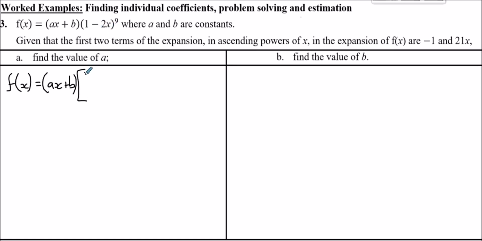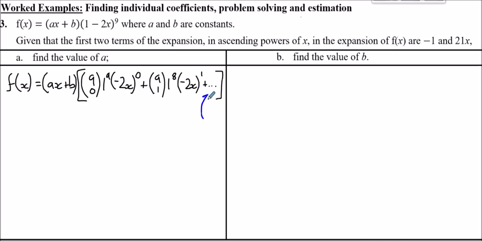So the first term is going to be 9 choose 0, 1 to the power 9, (-2x) to the power 0, then plus 9 choose 1, 1 to the power 8, (-2x) to the power 1, then plus other terms, which we don't need to consider at all, because these other terms are going to be terms involving x squared and higher.